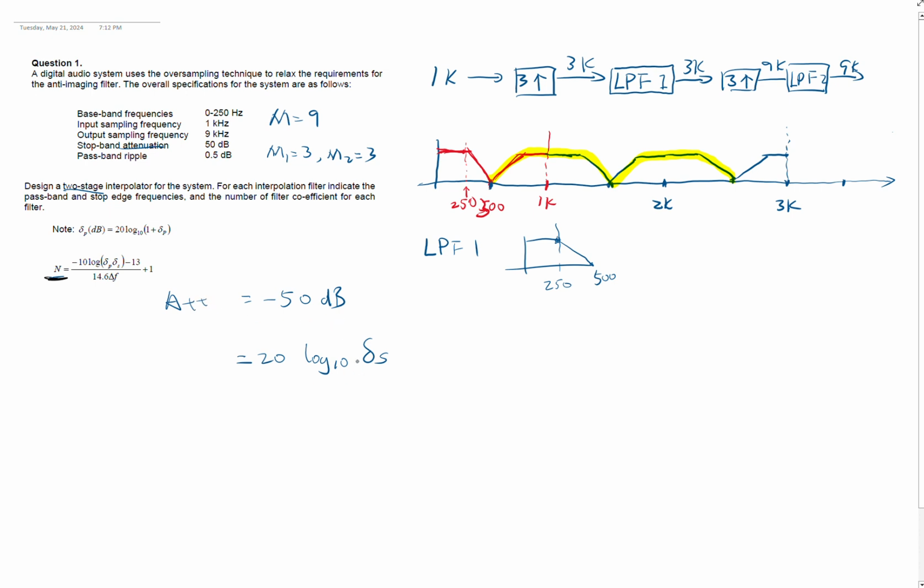Attenuation is negative 50 dB, and we want to have this ripple delta s. If you do the inverse of that, you will get delta s equals 0.00316. That is delta s in dB form.